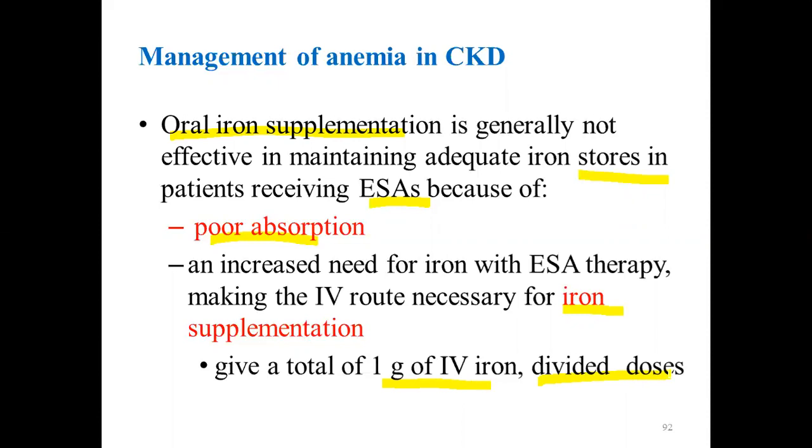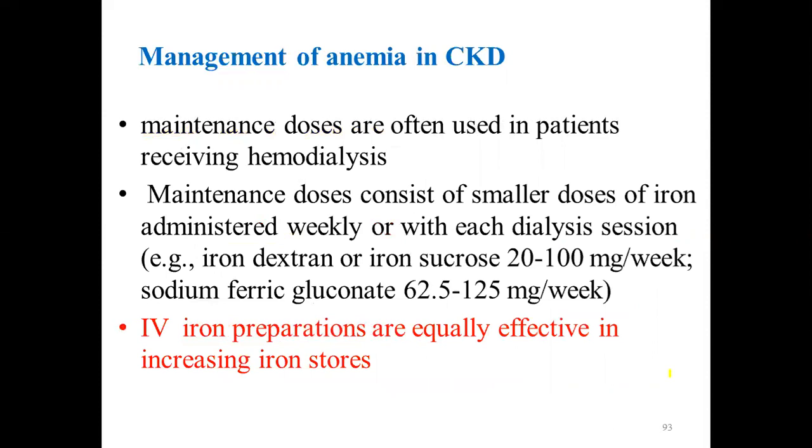So for a non-hemodialysis patient, mostly we give oral supplement for 3 months. But if a patient is undergoing hemodialysis, we need to give it by the intravenous route because of the urgency of the need. Then after that, maintenance doses are often used in a patient receiving hemodialysis.